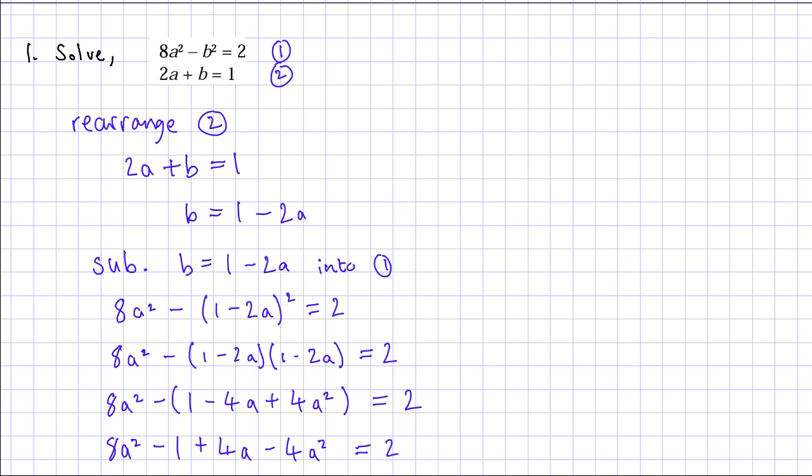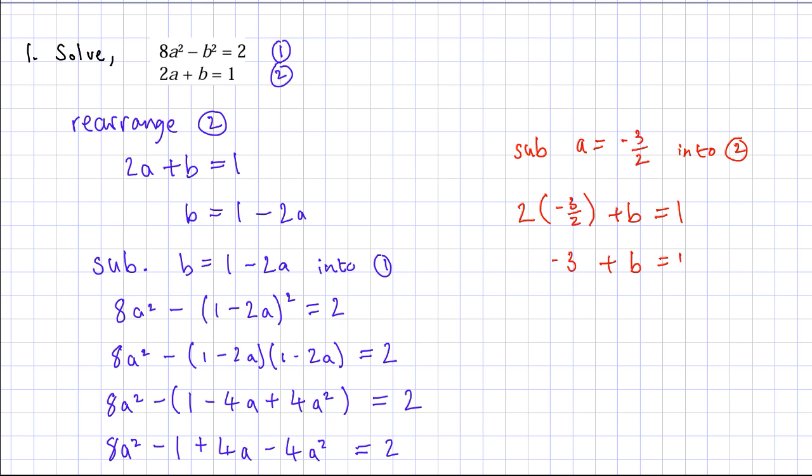So I'm going to substitute a is equal to minus 3 over 2 into equation number 2. So that would mean I have 2 times minus 3 over 2 plus b is equal to 1. Now 2 times minus 3 over 2 is just minus 3, plus b is equal to 1. So that means b is equal to 4 when a is equal to minus 3 over 2.